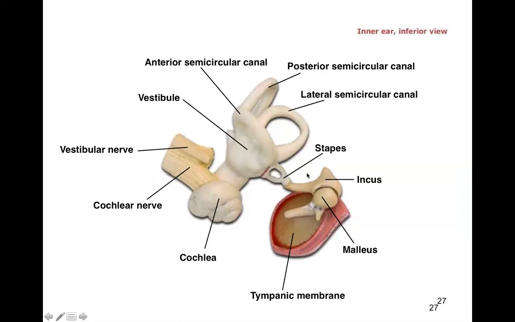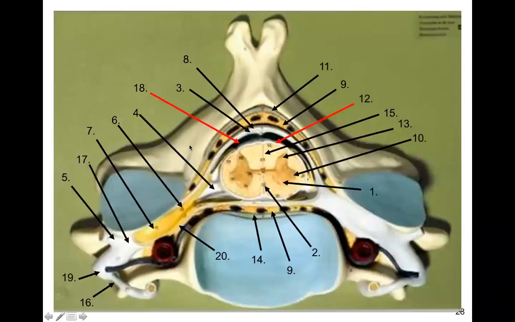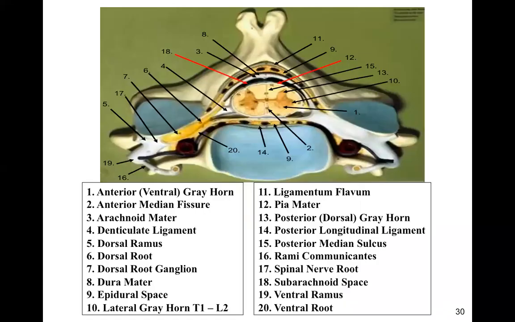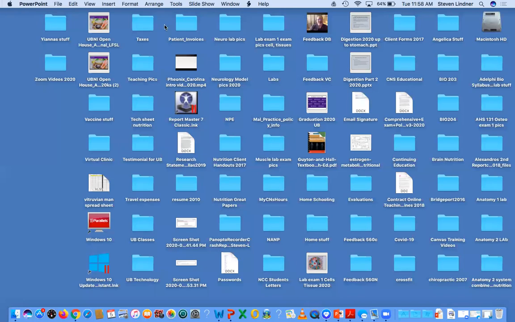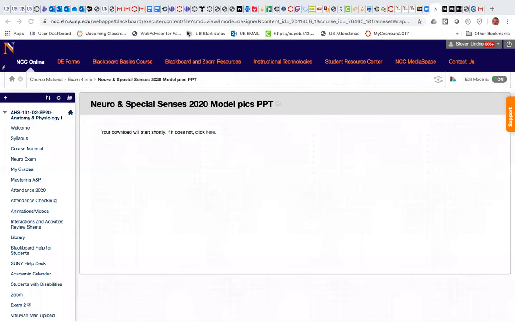So you can see here malleus, incus, stapes, vestibule, semicircular canals. This is your anterior, posterior, and lateral canal, cochlear nerve, and vestibular nerve. Okay, and the rest of those we have already done. There's nothing new there.